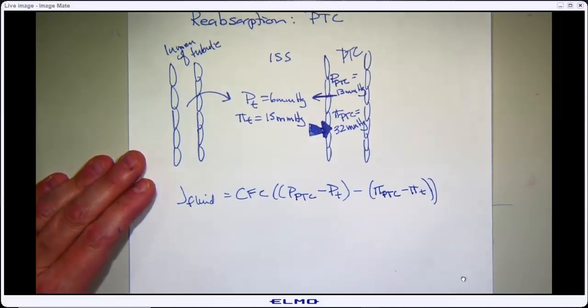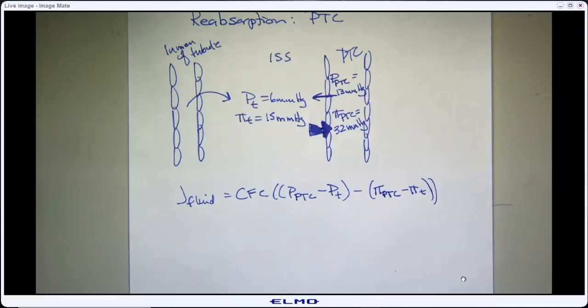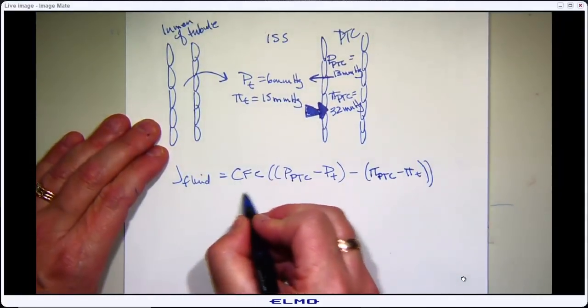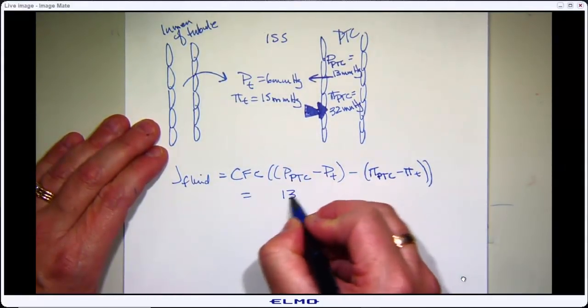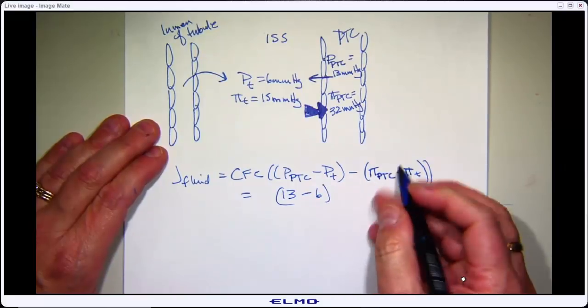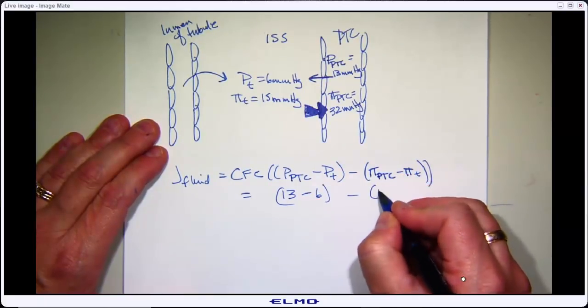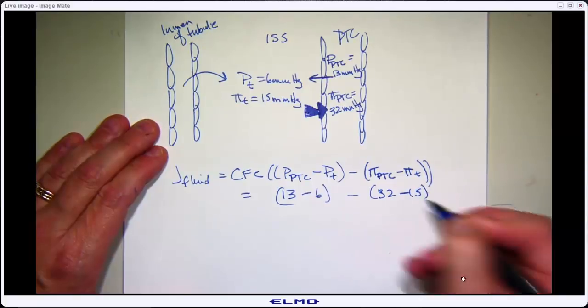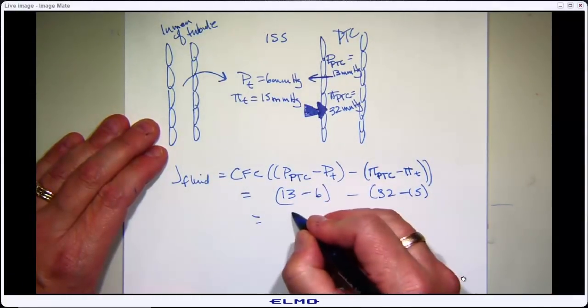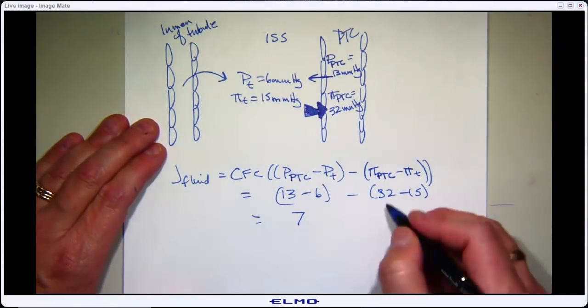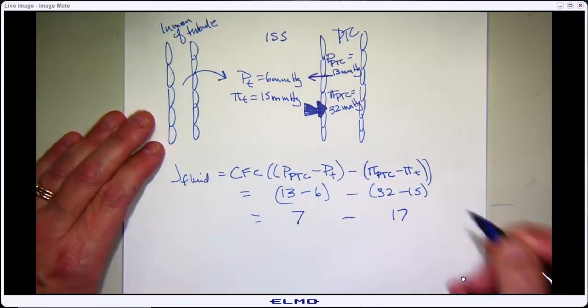Okay, delta pi. Sub in the numbers that we care about. 13 minus 6, minus 32 minus 15. Okay, so we have a delta P of 7, a delta pi of 17.